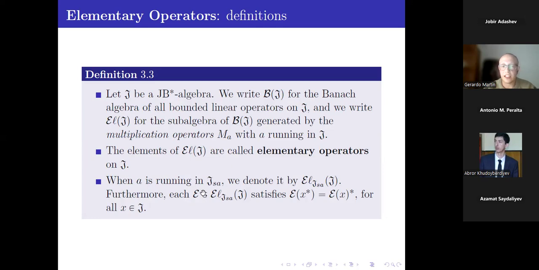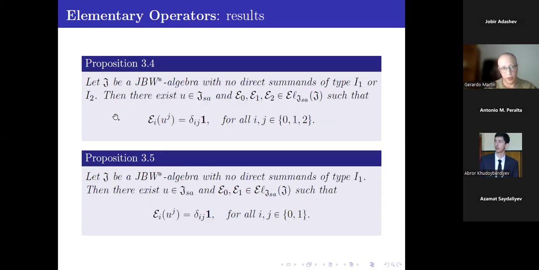Furthermore, when a is running in the self-adjoint elements of the GB-star algebra, this subalgebra will be denoted in the following way, and it satisfies this relation with respect to the involution. The main results we obtain here are the following two.